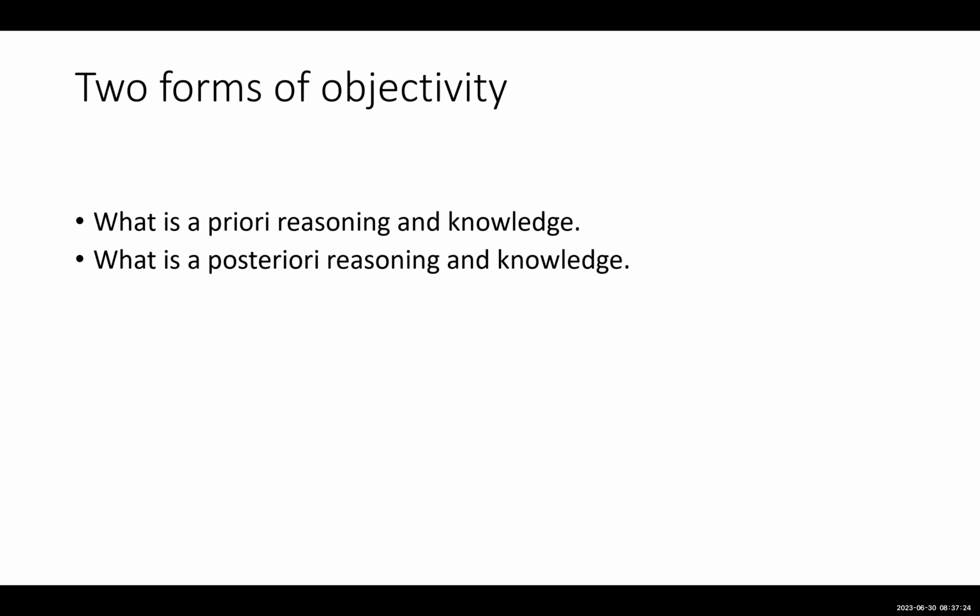So you might think that even if moral reasoning is not objective in the a posteriori sense, nonetheless, it could still be objective in the a priori way. Likewise, you might think that moral knowledge is impossible in the a posteriori sense, but it is possible in the a priori way.